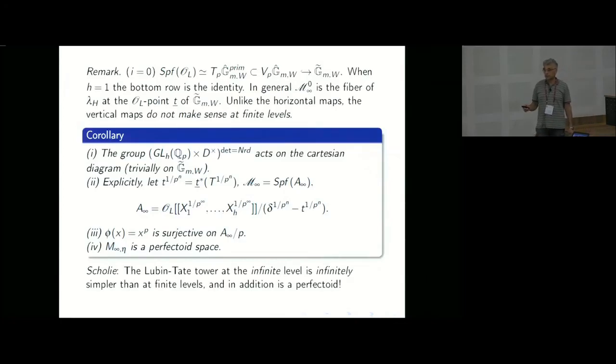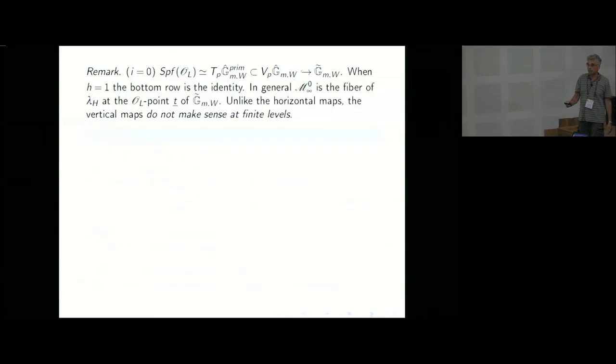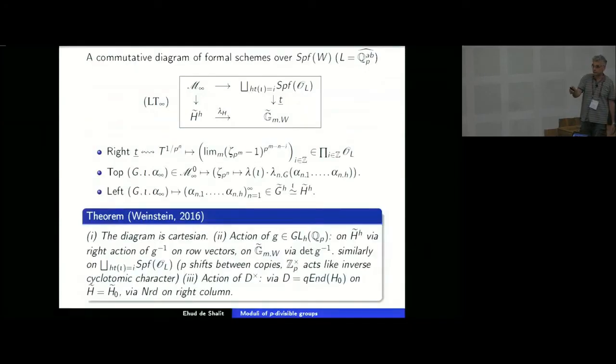And also, thanks to this description that we had in the case of h equals 1, and these deltas, you get a really concrete description of the ring A infinity, which is a perfectoid power series ring in x1 to the 1 over p to the infinity up to xh to the 1 over p to the infinity, divided by the relations delta to the 1 over p to the n minus t to the 1 over p to the n, where t was this element in O_L that I have not explicitly defined before, but is in here.